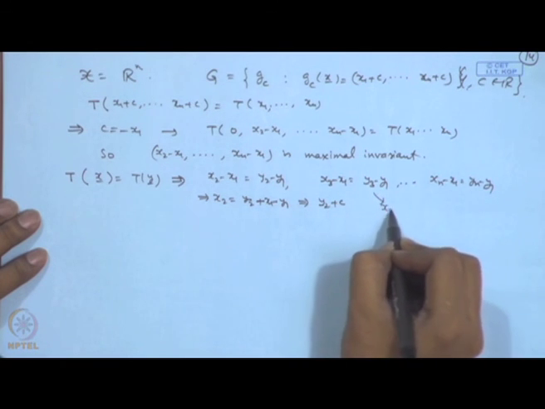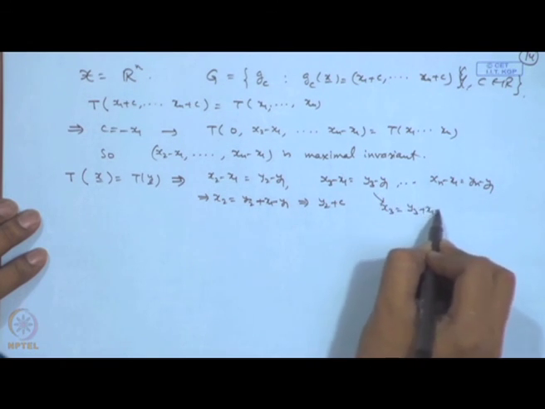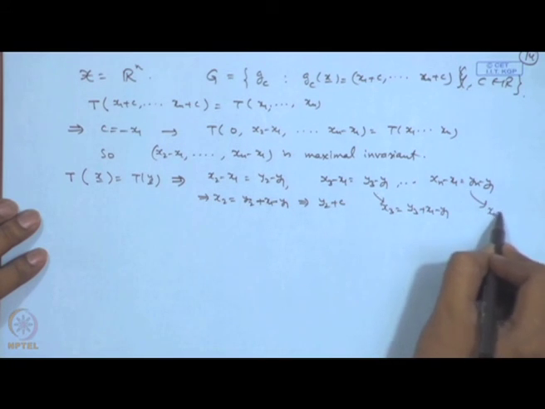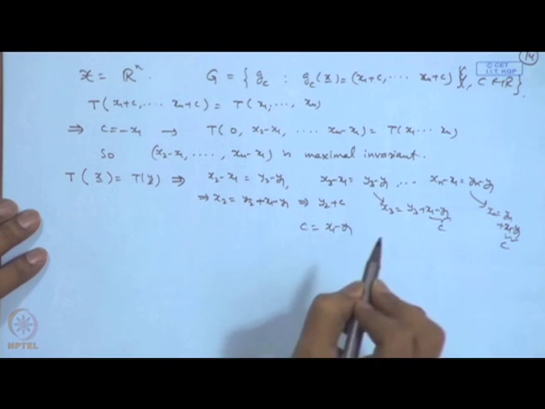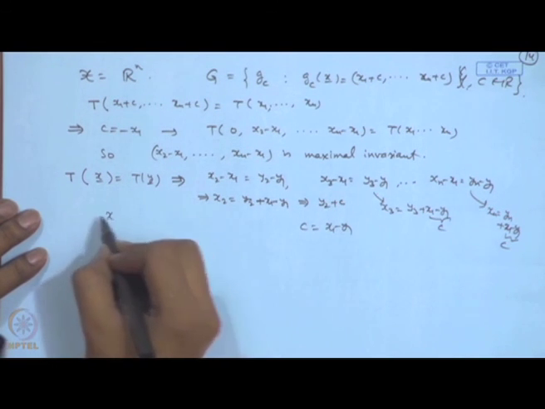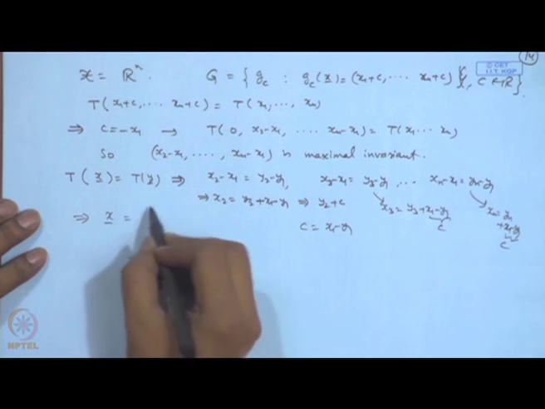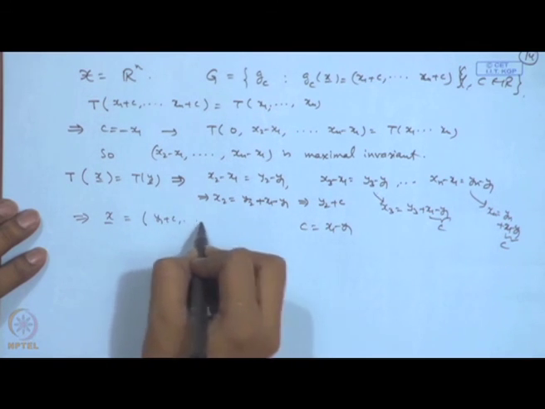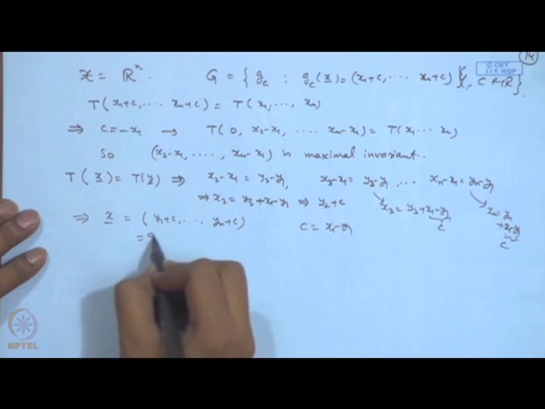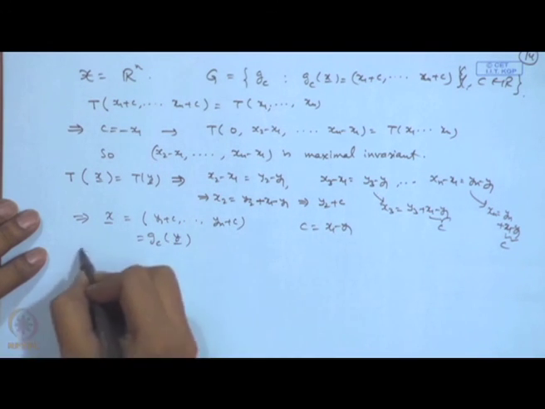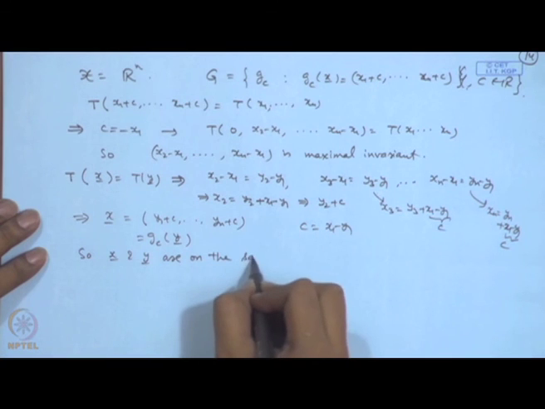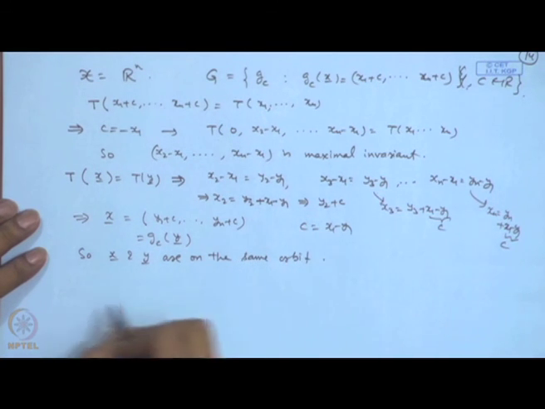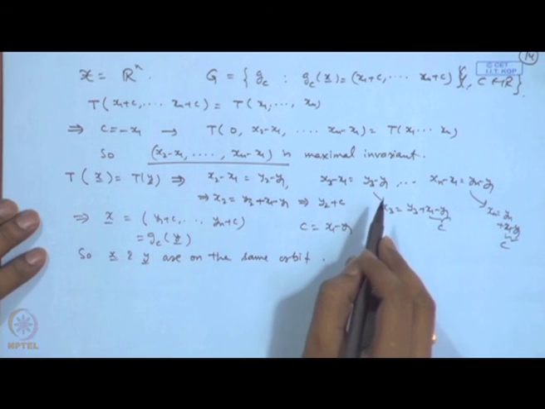Similarly, x 3 is equal to y 3 plus x 1 minus y 1, and x n is equal to y n plus x 1 minus y 1. So, this I can write as c, x 1 minus y 1. So x is equal to y 1 plus c and so on, y n plus c, that is equal to g_c of y. So, x and y are on the same orbit. So, this is maximal invariant.